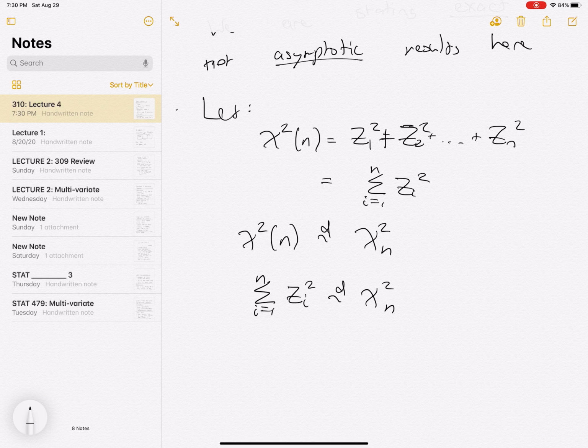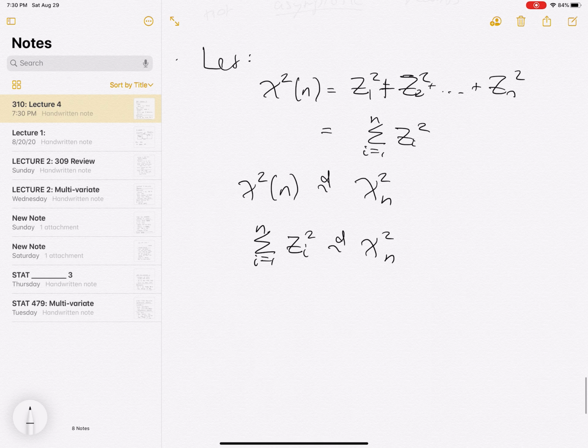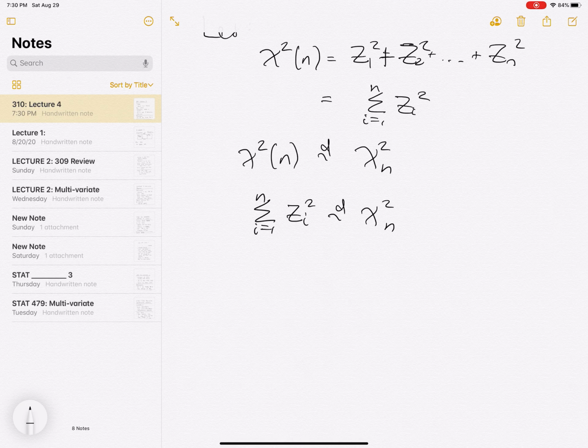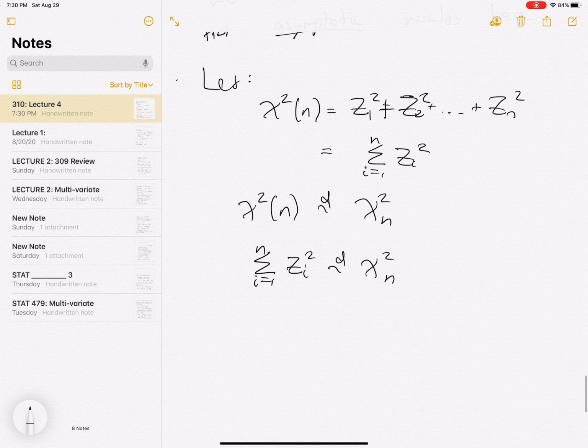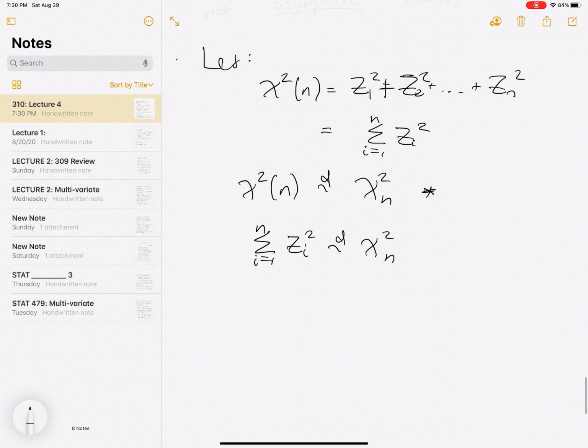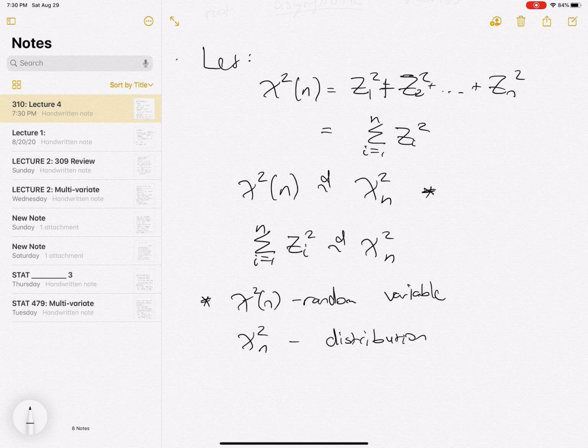Okay. Just to be clear about what this means here, this is the random variable, and then this is the PDF, or the distribution.